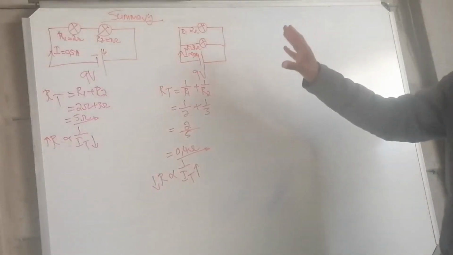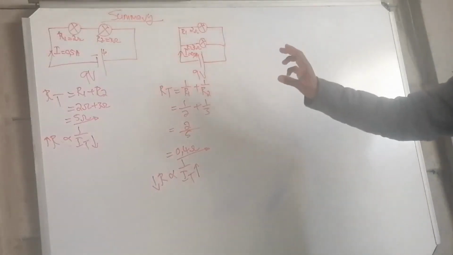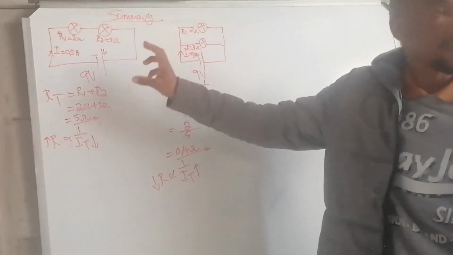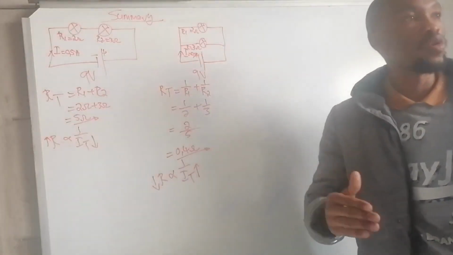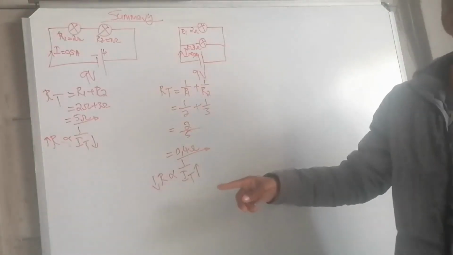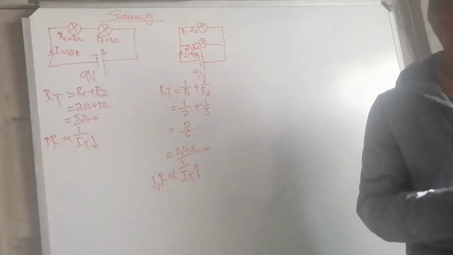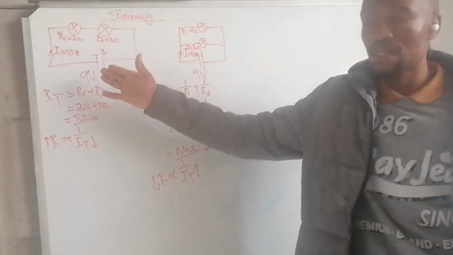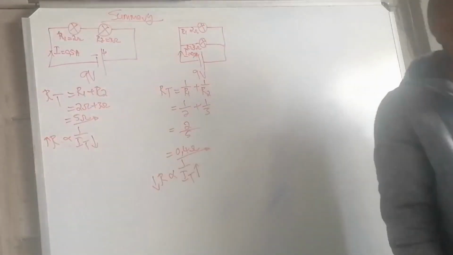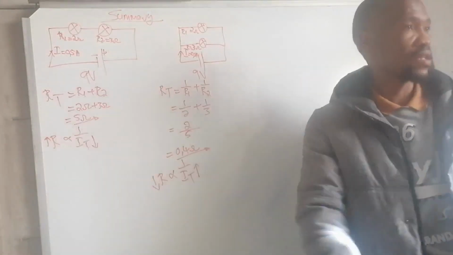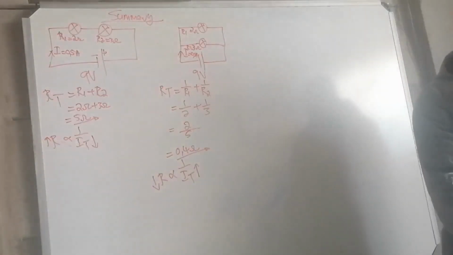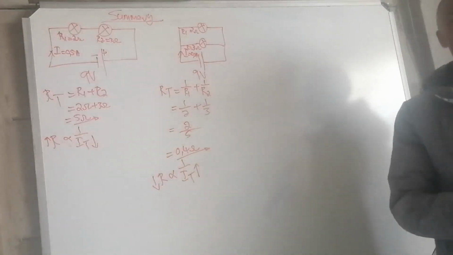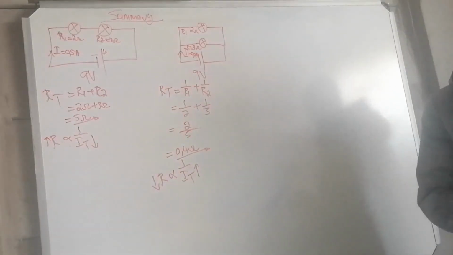If we have the load that is connected in parallel and the load that is connected in series, you would always expect that in a parallel combination, the total resistance of the circuit would decrease, whereas in a series connection, you would expect that the total resistance increases. Something that is worthy of noting.